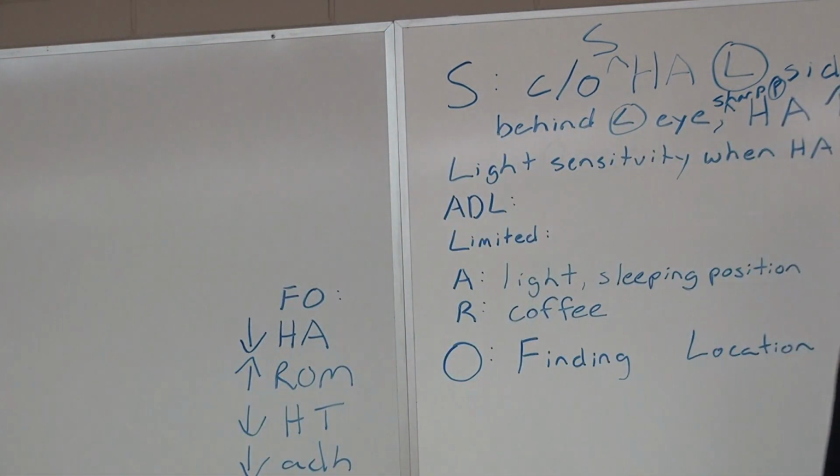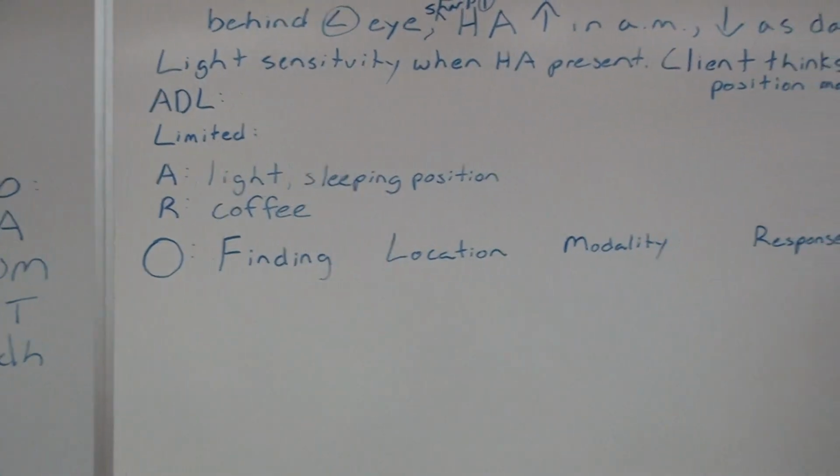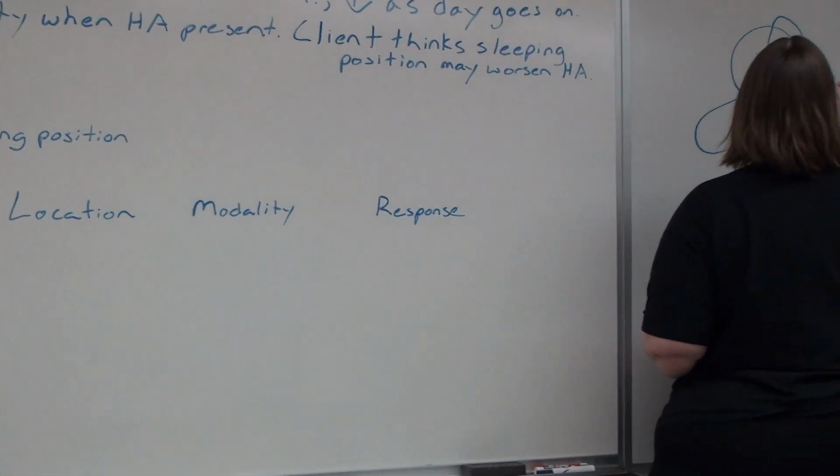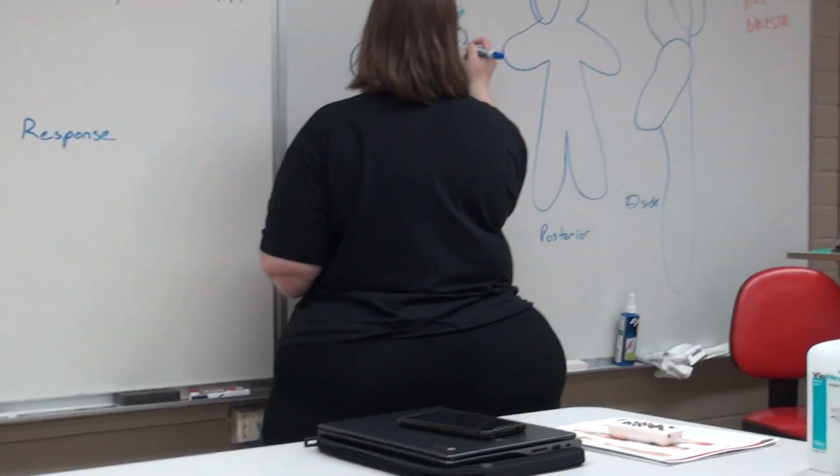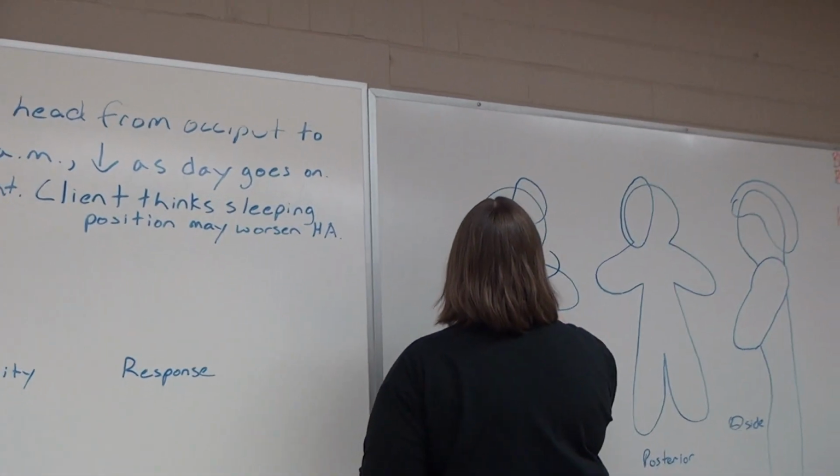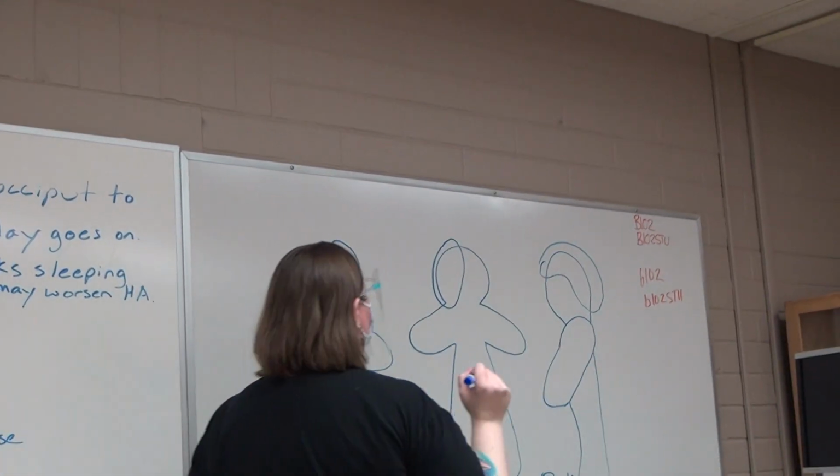So let's come over here to our little guy. So we found that Carla had forward shoulder posture.